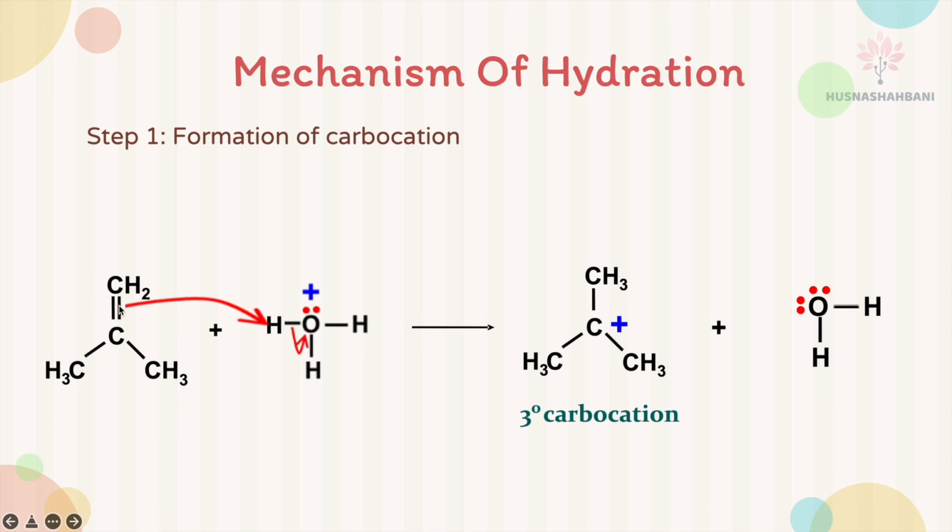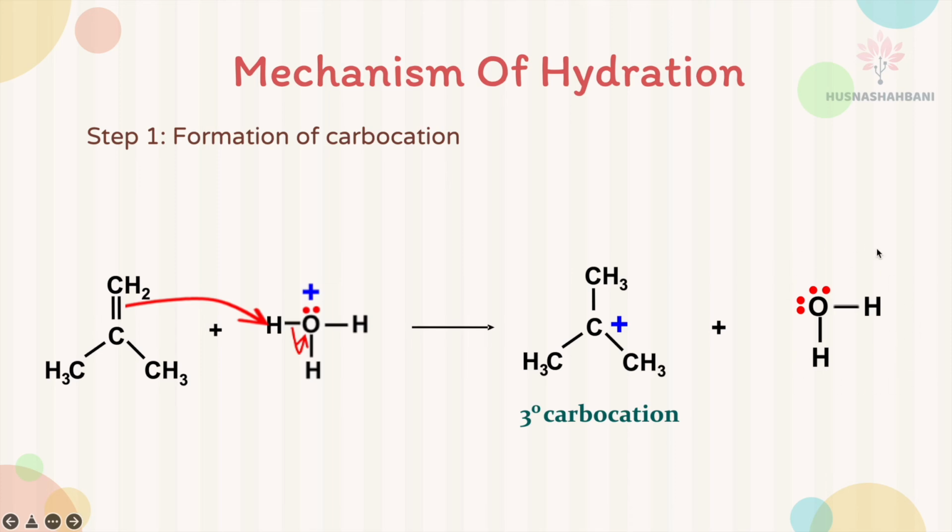One of the double bonds will be used to form a bond with the hydrogen here, and these two bonding electrons of the O-H bond will be transferred back to the oxygen here, because oxygen prefers to have two lone pairs of electrons in water.